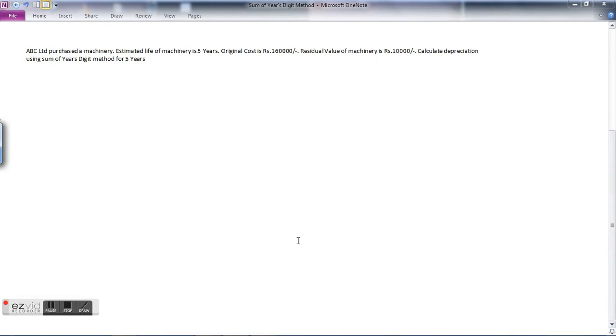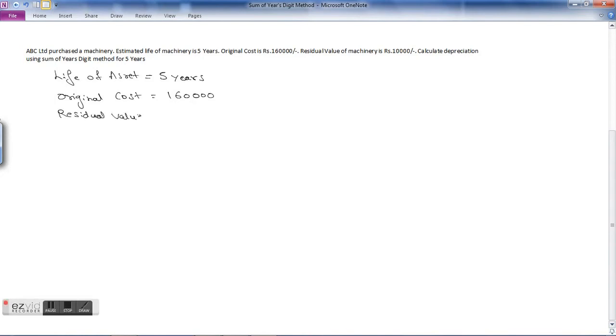So, life of the asset is 5 years, original cost 1,60,000, then residual value is 10,000. Correct?